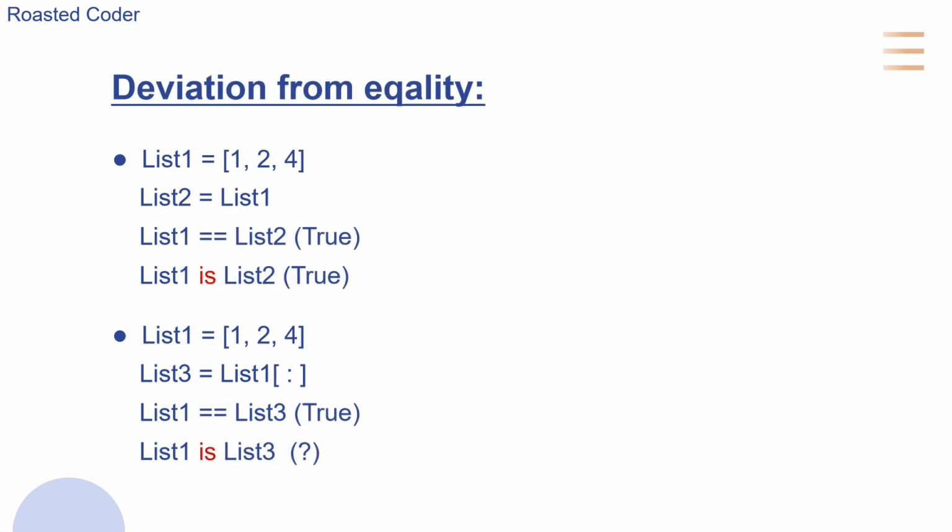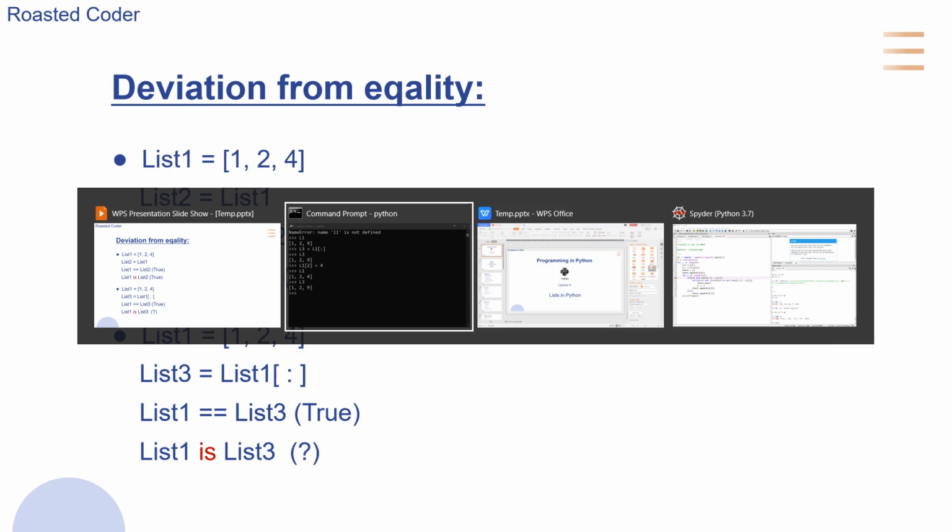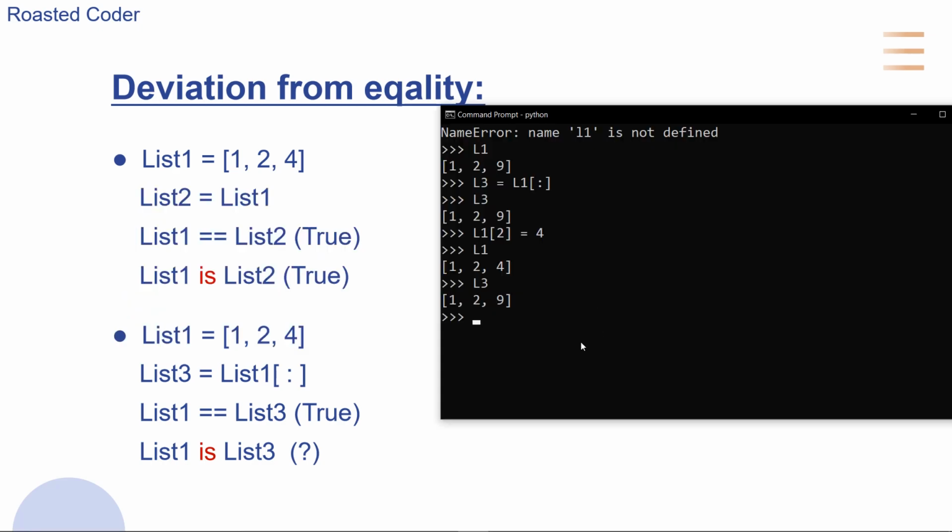So now we can see some deviation from the equality of lists. Like if we take L2 equals to L1, as we have already seen previously, L2 will be L1.